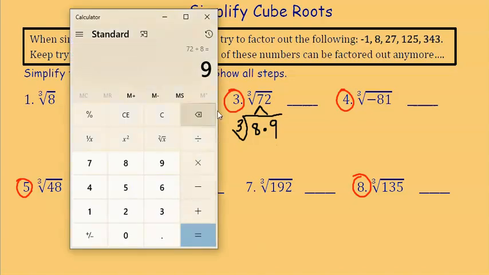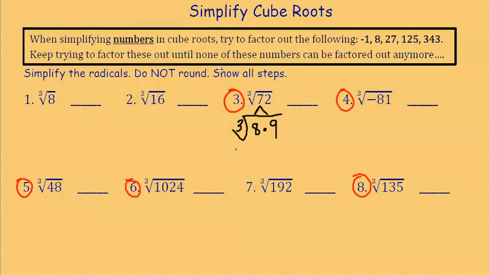You can't divide out any more 8s, and 9 is smaller than 27, so we're done. We have the cube root of 8 times the cube root of 9. The cube root of 8 is 2. The cube root of 9 can't be reduced, so this is our simplified expression: 2 times the cube root of 9.